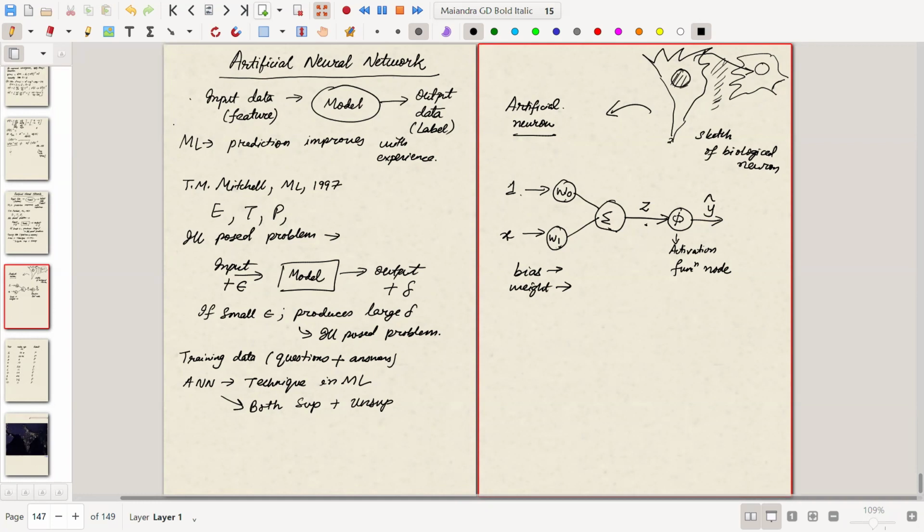This is a weight because it is multiplied with a variable input. So bias and weight: this is when you have a constant input, and this one when you have a variable input. So which one is bias, which one is weight, isn't it? Fine. So W naught is bias. W1 is the weight.